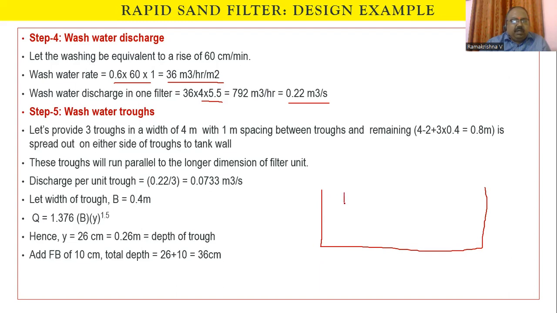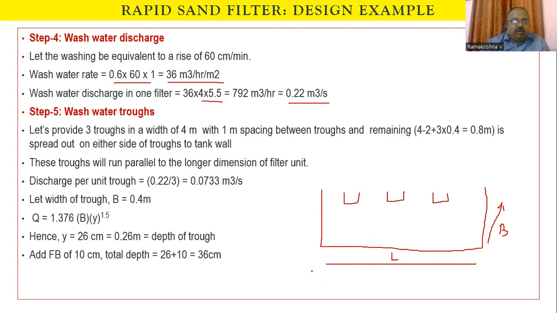Now I'm putting here 1, 2, and 3, three troughs. The overall length is 5.5 meters on this side. This is the length of the bed, and this is the width of the bed on the other side.